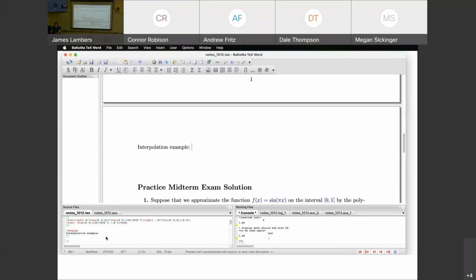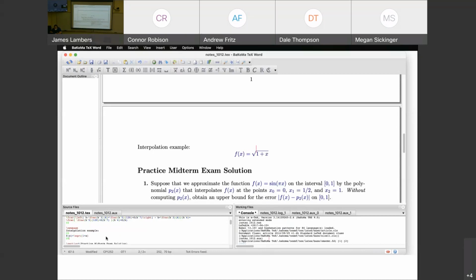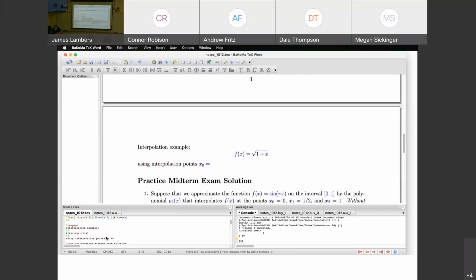So my function will be f(x) equal to the square root of 1 plus x. And I need some interpolation points. x0 is equal to 0, x1 is equal to 3, x2 is equal to 8.